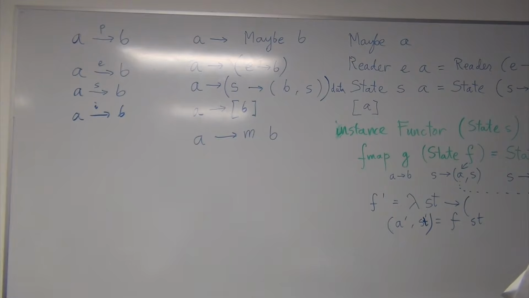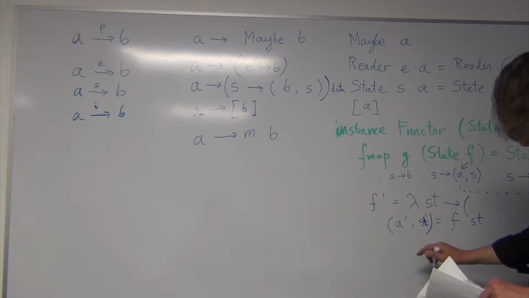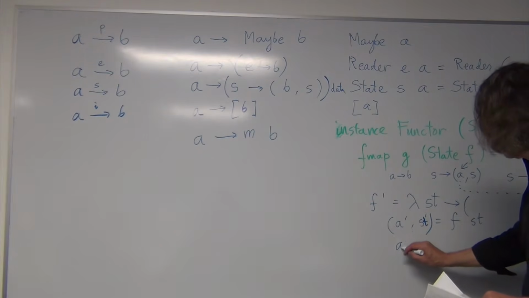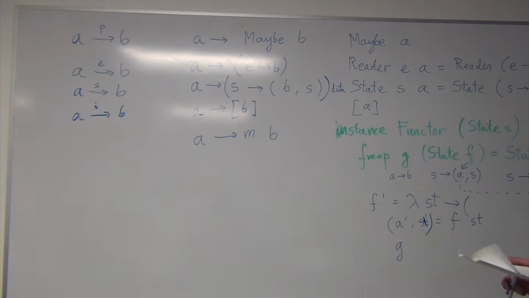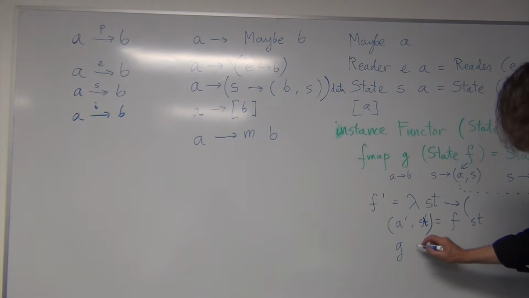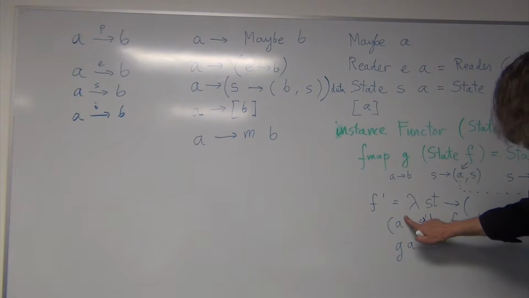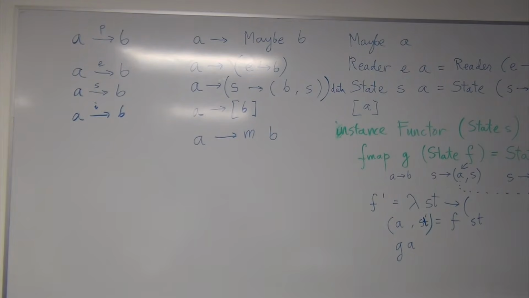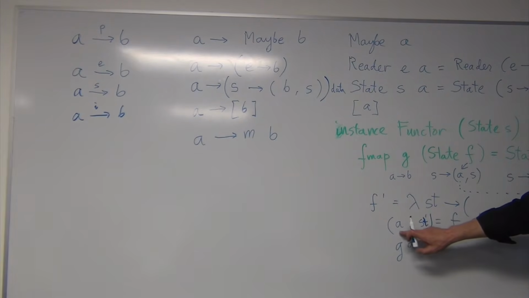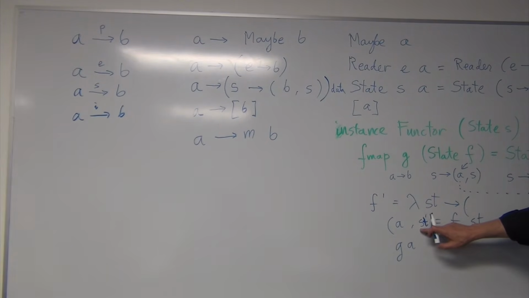But now I wanted B, right? So really I want to apply G to this A prime. Why do I call it A prime? F acting on ST produces this value of type A and the new state.